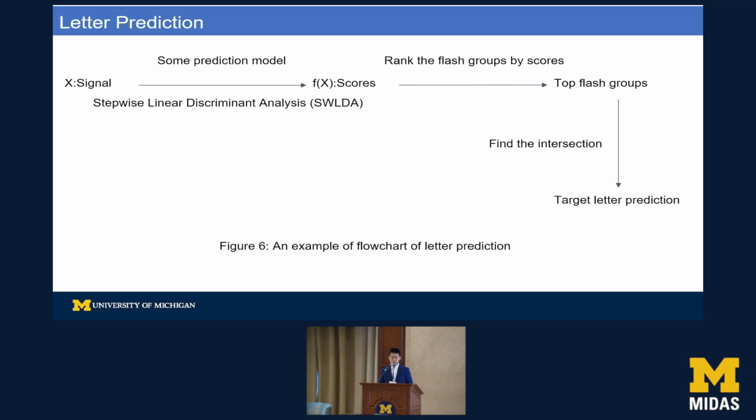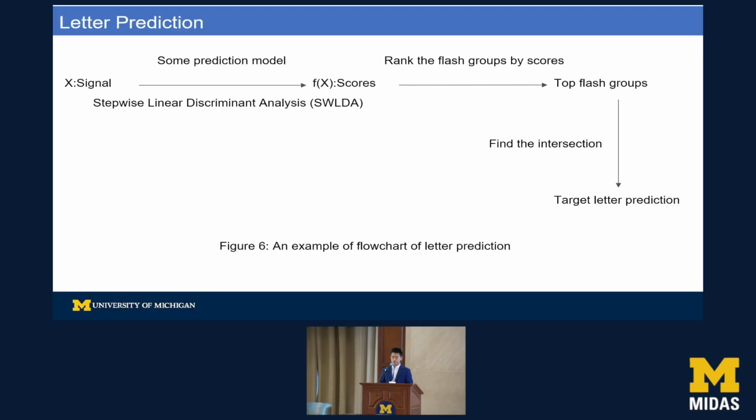We first collect the signals of this participant and we feed them into some prediction model. You can choose any prediction model you like. By default, we have the stepwise linear discriminant analysis called SWLDA. You can also use logistic regression or random forest, or some recent model built by our lab, like the Gaussian latent channel model. The outputs from the models are the scores for the flash groups.